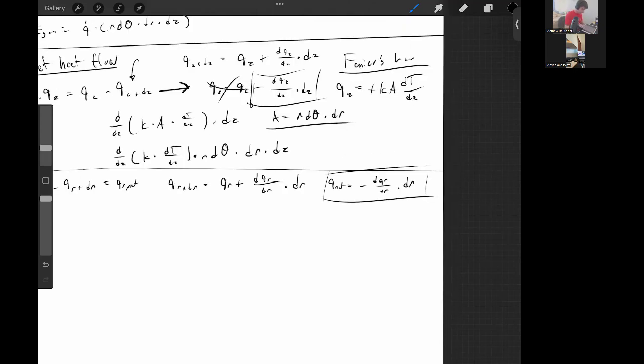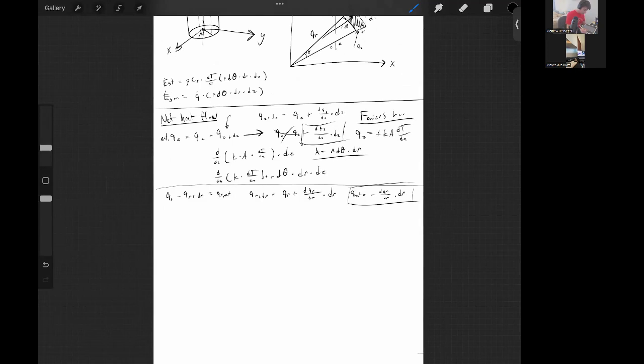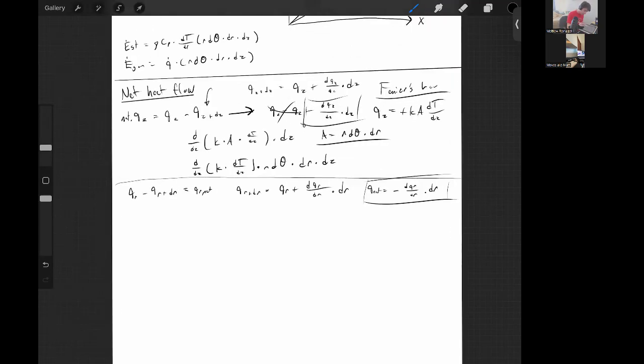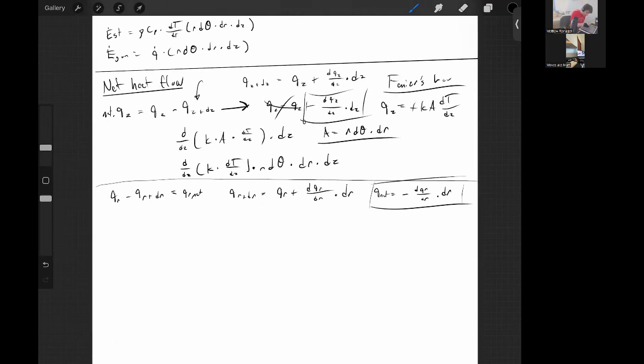Right? So now we can do the same thing that we did with Fourier's law earlier. We can say that Q of r equals negative k area multiplied by dT over dr, the change of temperature over the change of radius. That is our new temperature gradient.